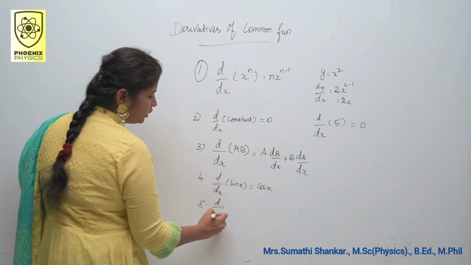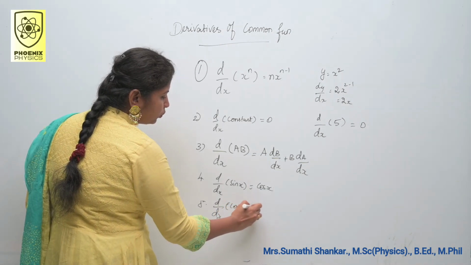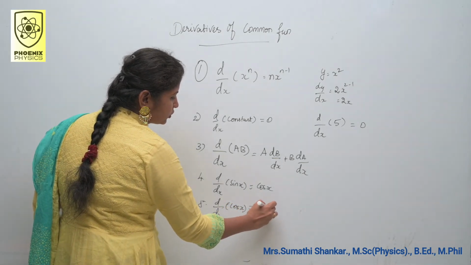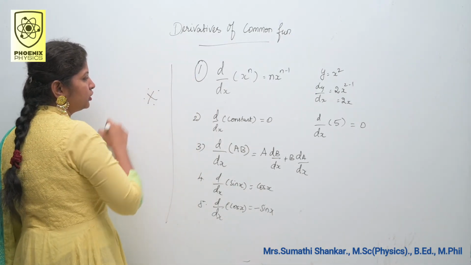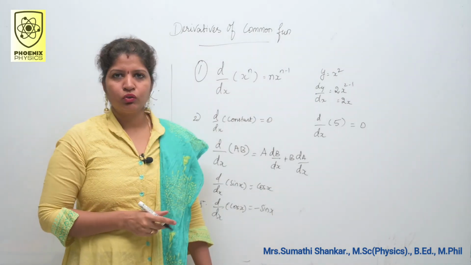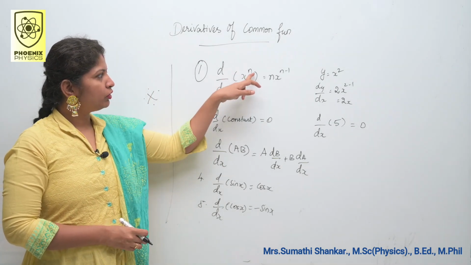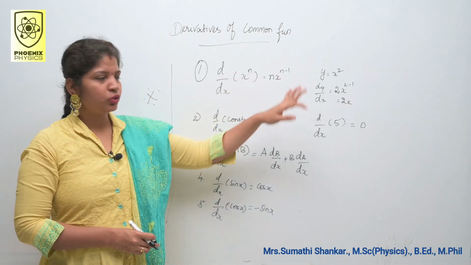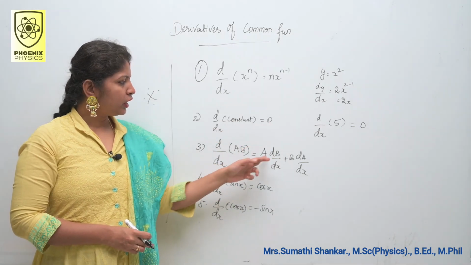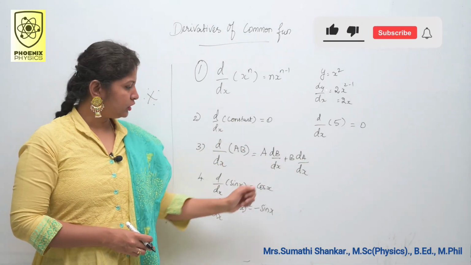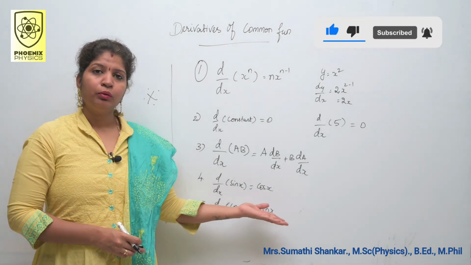Then d by dx of cos x is equal to minus sin x. These are the important formulas in differential calculus. This one is important: d by dx of x to the power n means n x power n minus 1. Constant means 0. Then ab means a db by dx plus b da by dx. Sin x means cos x. Cos x means minus sin x.